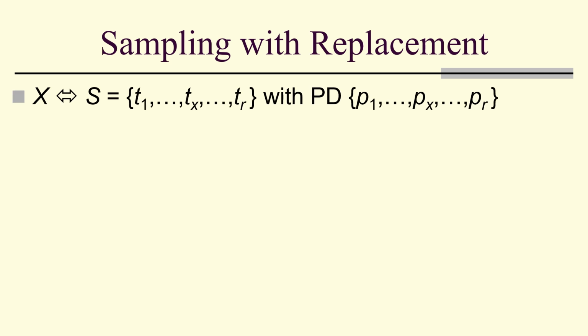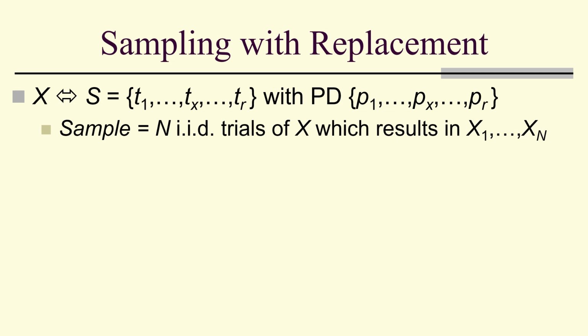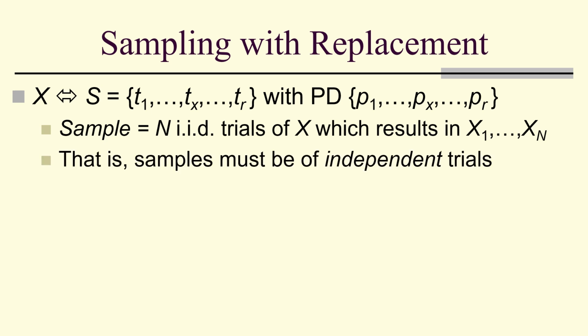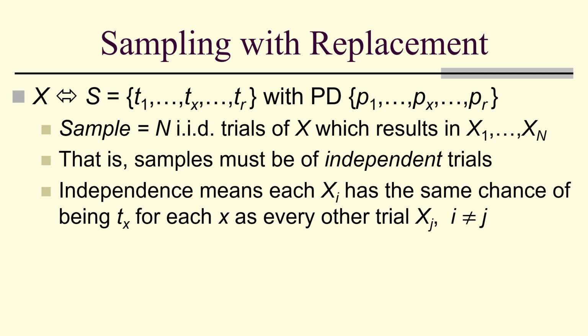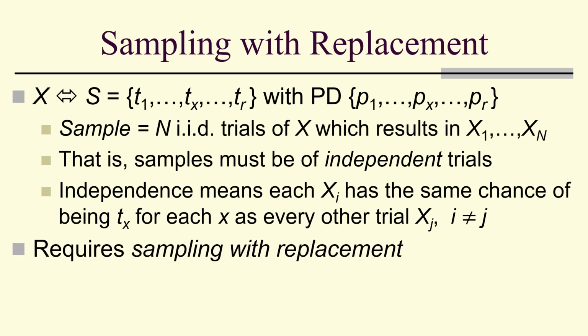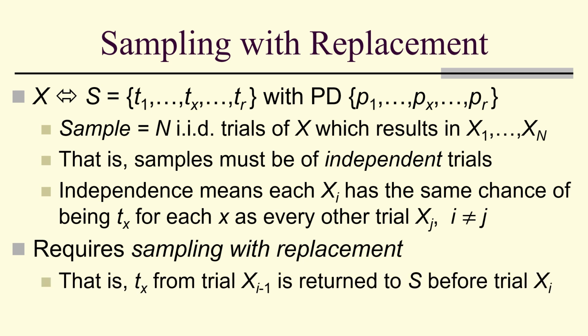So if X is associated with S with probability distribution p1 to pr, our samples are IID trials of X. The samples must be independent trials. Independence means each X_i has the same chance of being t_x for each x as every other trial. So that means we have to sample with replacement.